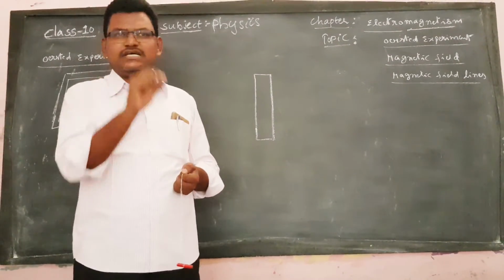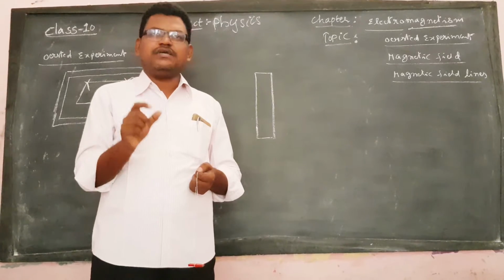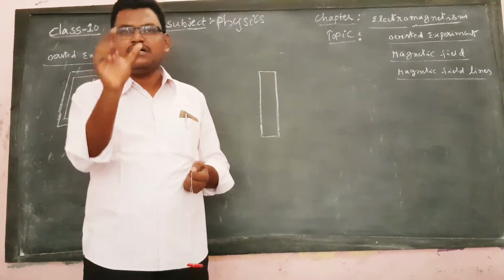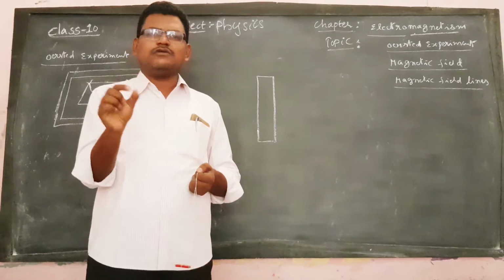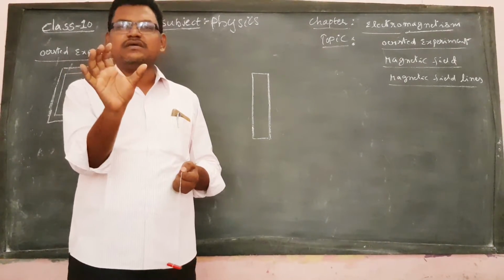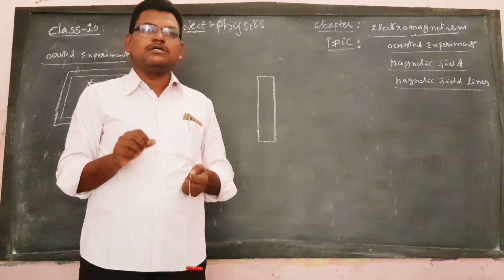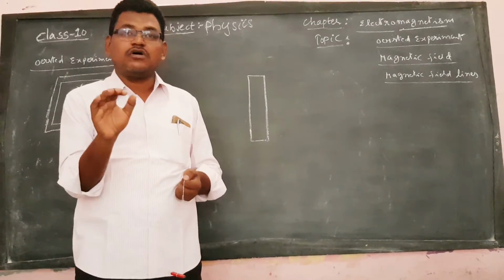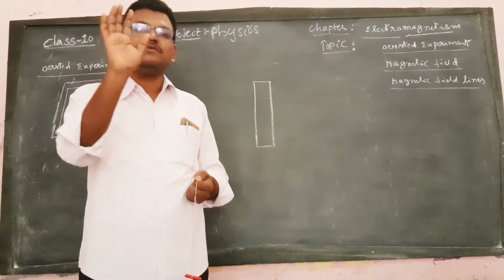So there is a reason for the magnetic field of the earth. Later we will see that. So the earth is a big magnet. If it is a magnet, it produces a magnetic field that is called the Earth's magnetic field.